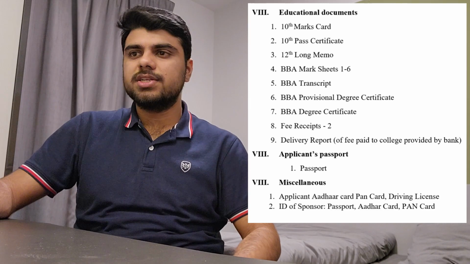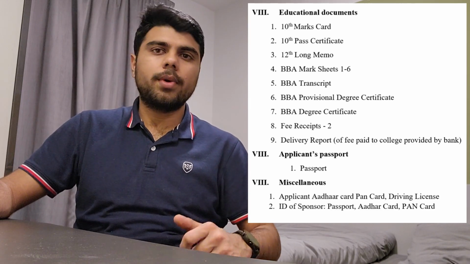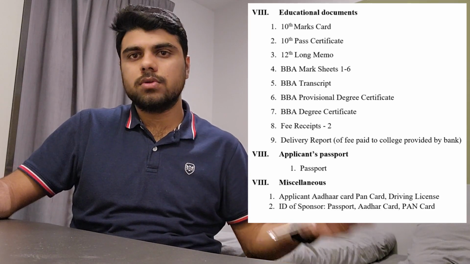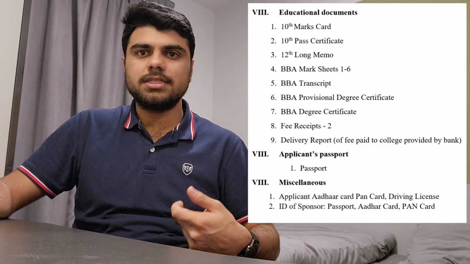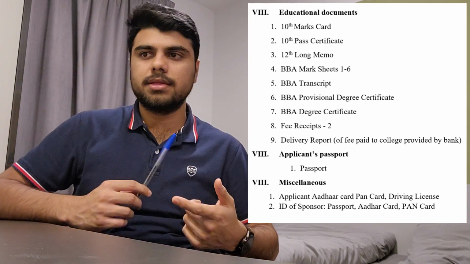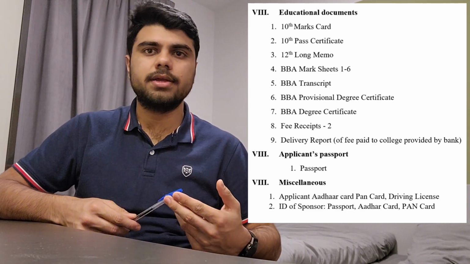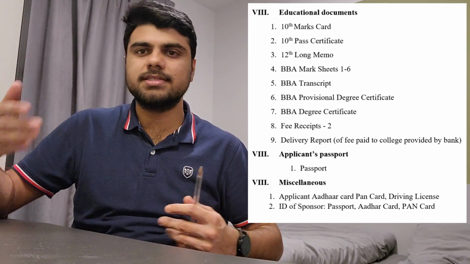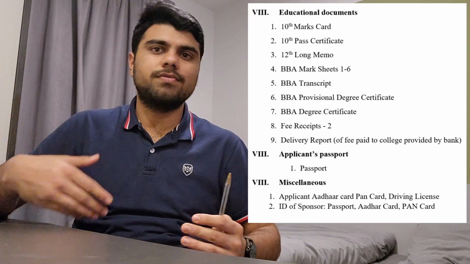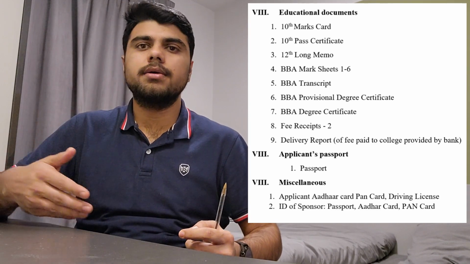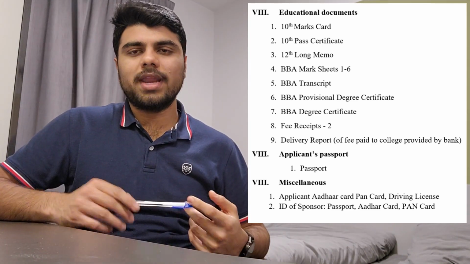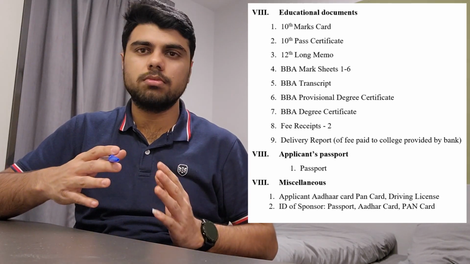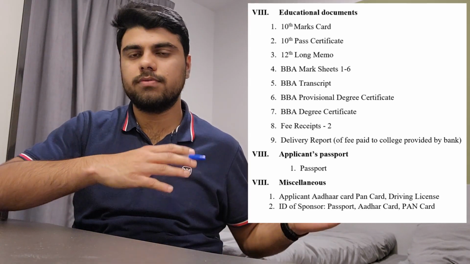So the next section is education documents. You need to provide all of your education documents from your 10th till now. In my case, as I've done my bachelor's degree, I provided my 10th marks card, pass certificate, 12th long memo, and all my bachelor's degree transcripts, mark sheets, and provisional degree certificate. When I was applying for the visa, there was a gap of almost a year, or 11 months, since finishing my bachelor's degree.